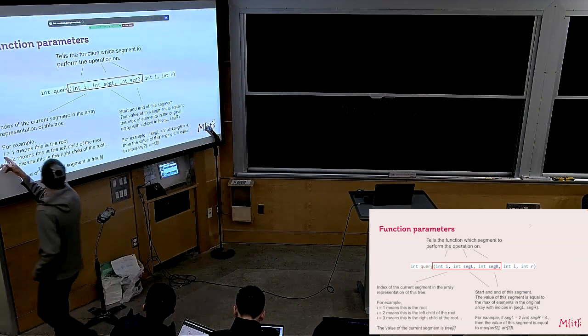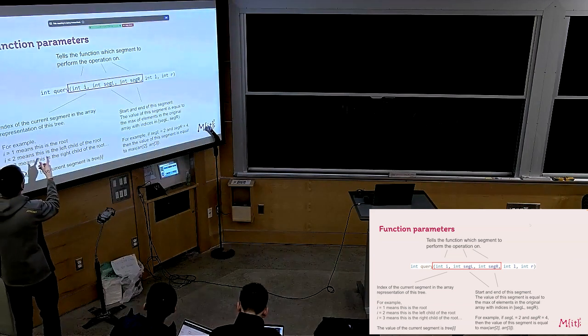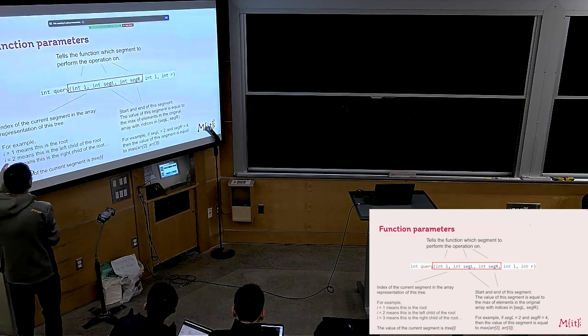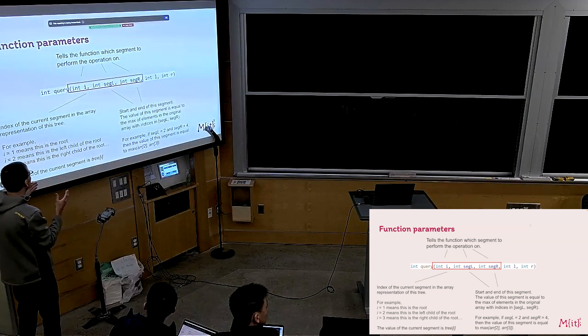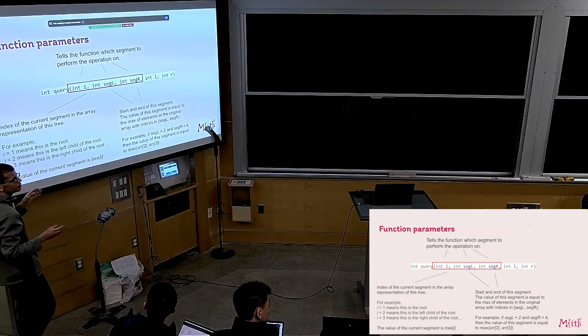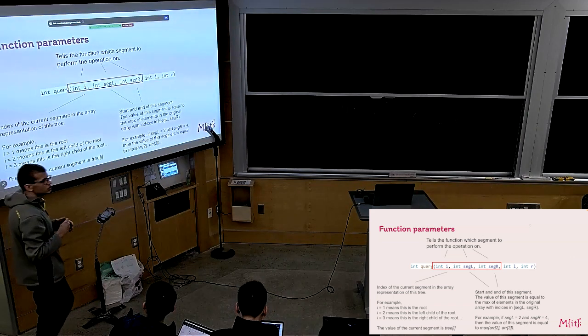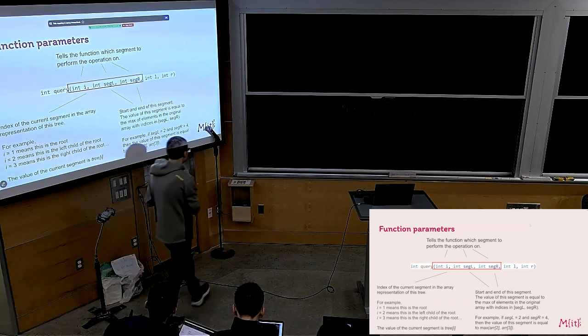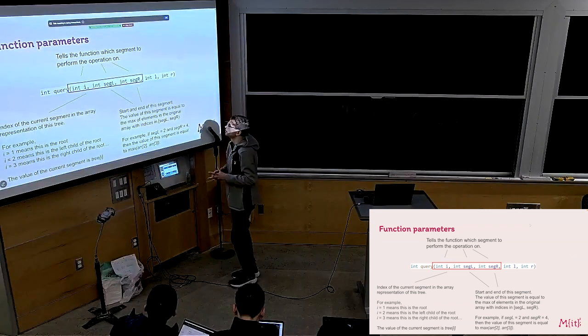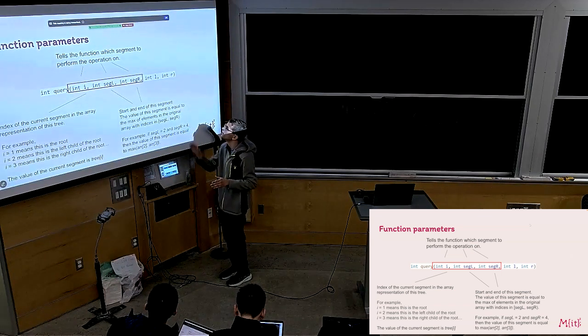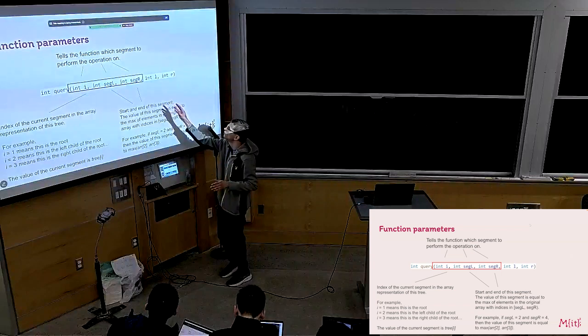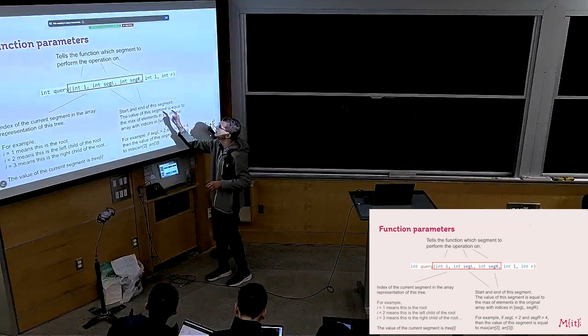For example, I equals 1 means that this segment is the root node, I equals 2 is the left child of the root node, I equals 3 is the right child of the root node, and so on. This works according to the definition I had earlier, where the children of a node are I times 2 and I times 2 plus 1. And the other important information we care about are the left and the right endpoints of the segment.